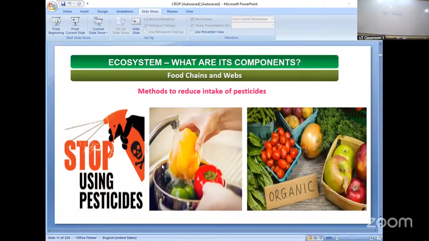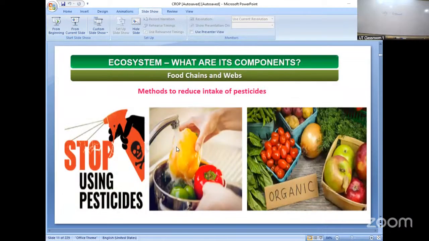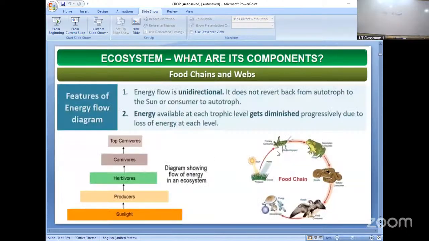Now, food chain. See, if we give pesticides to these plants, right? The growth of the plant, pesticides are given, right? Now, pesticides will pass on to the other levels. How? See, grasshopper feeds on plant.